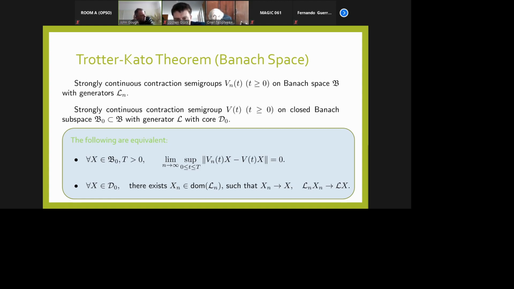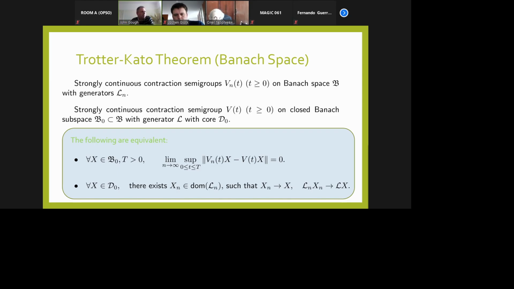Then convergence of the approximating semigroups to the limit object can be shown to be equivalent to this convergence on the core domain. So it's graph convergence.